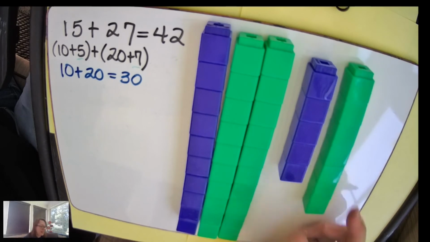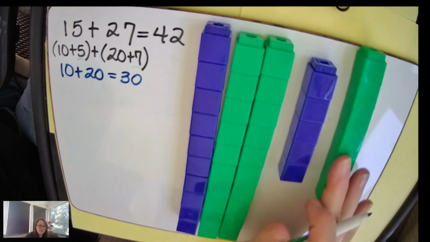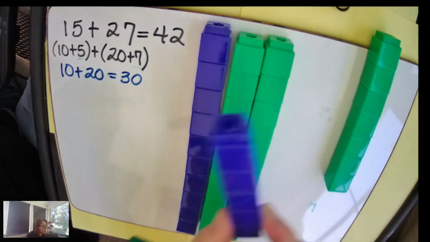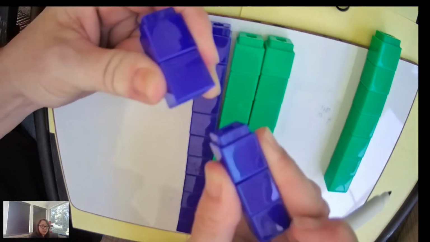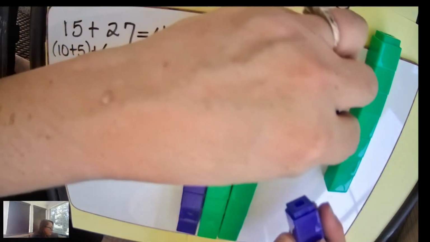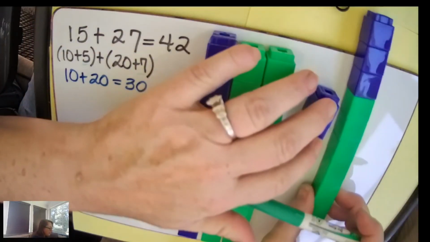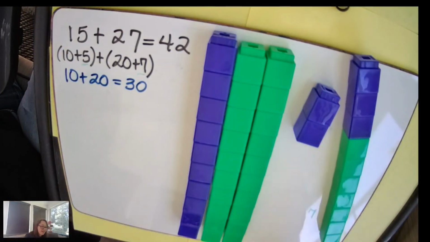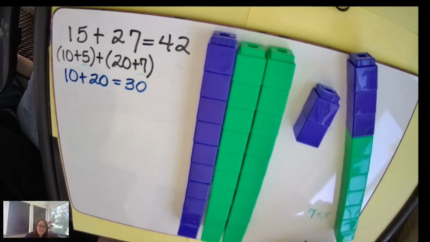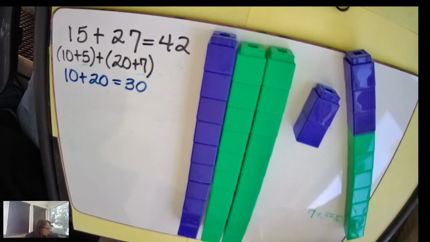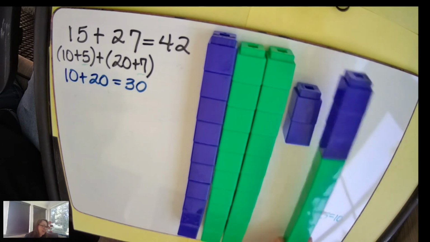Okay, so Lydia says she made 10 by saying 7 and 3 of these. So she decomposed or broke apart the 5 into 2 and 3 and gave it to the 7. Because 7 plus 3 equals 10. So now she has another 10.